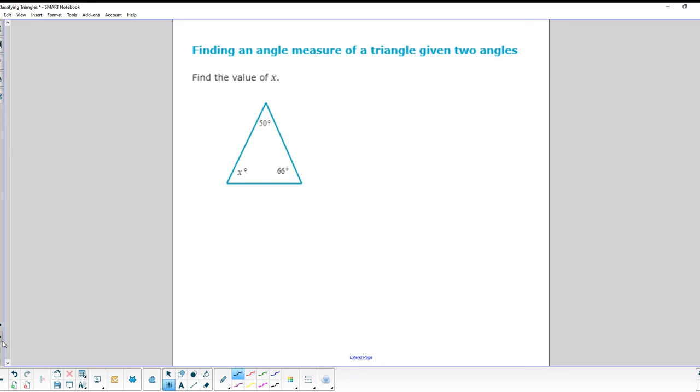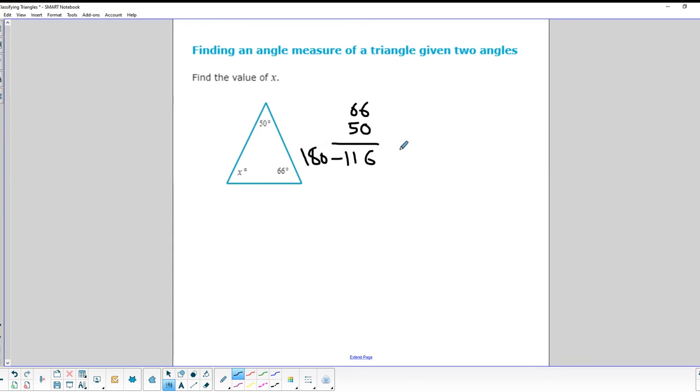Okay, finding an angle measure of a triangle given two angles. All right, so on Alex, this is what it'll look like. So you'll pretty much do the same thing. You'll have 66 and 50, which when you add them together, you get 116. And you'll subtract that number from 180.